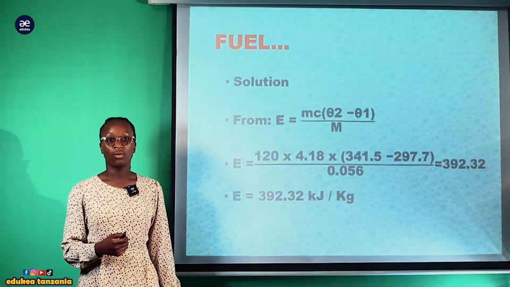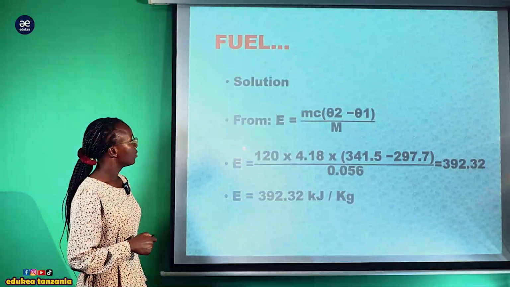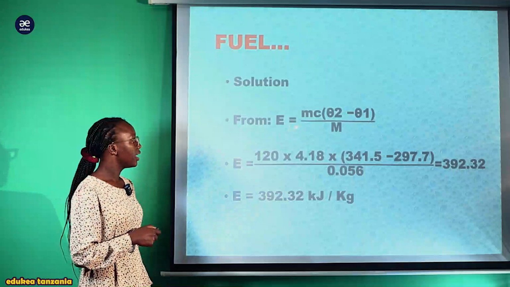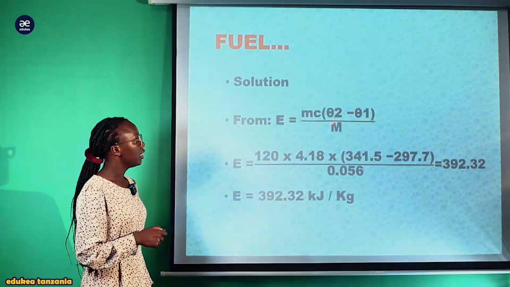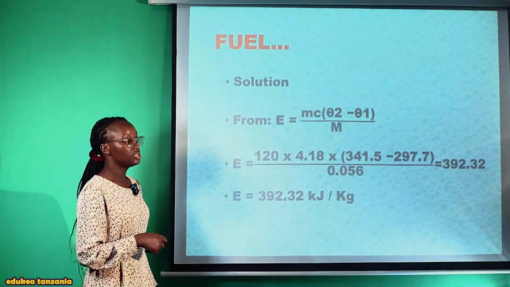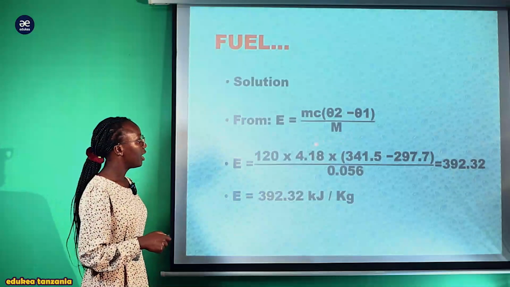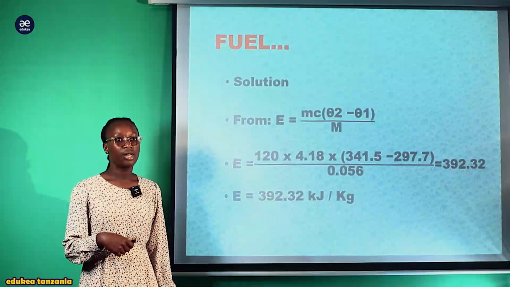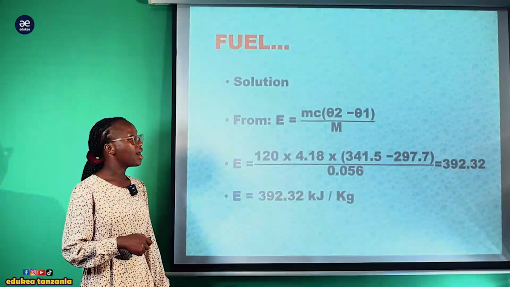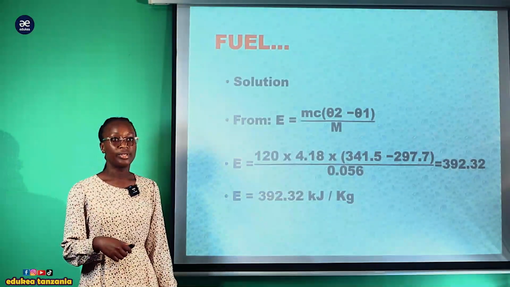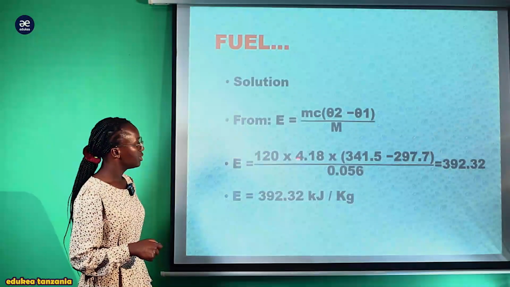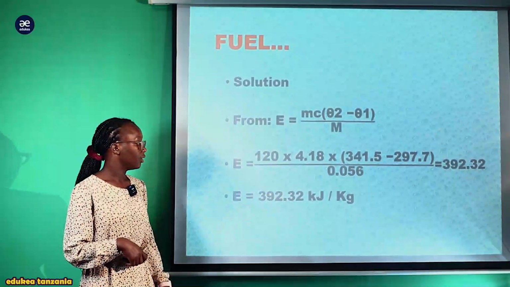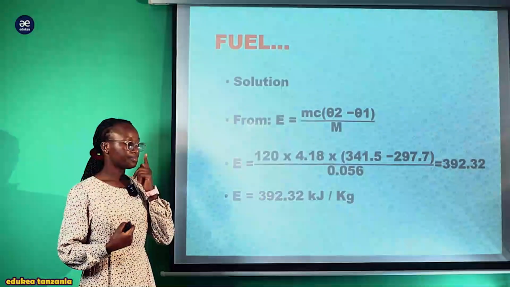My students, I hope you remember our formulas. Now tuna recall our formula, which says that the energy is MC theta 2 minus theta 1, which is the change in theta, over capital letter M, which stands for the mass of the fuel used. Now because we have our given data, tunaziingizia data zetu hapa ili kupata our final answer.